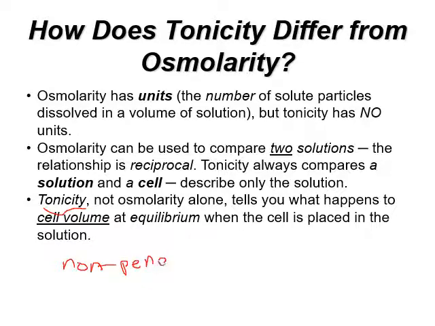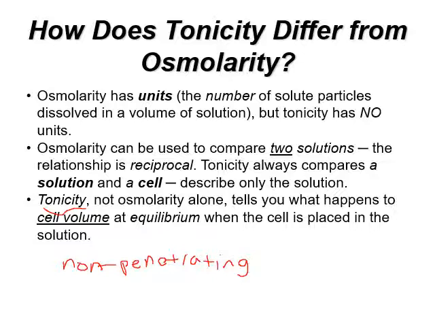Okay, non-penetrating solute. I'm going to actually write it here because this is the key characteristic, non-penetrating. How many non-penetrating solutes are inside compared to outside the cell? And that's going to tell you where the water is going to move.